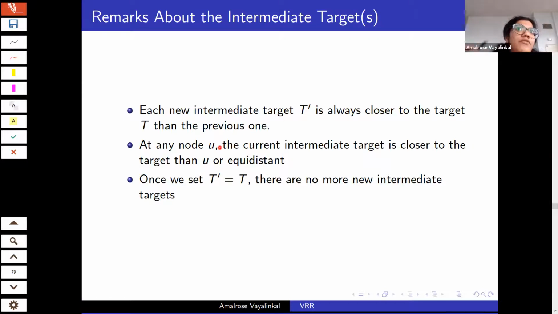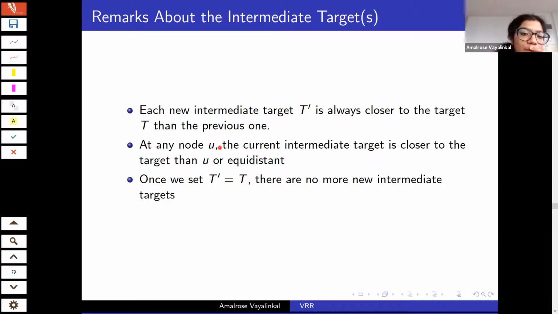And so when V performs the comparison, if it was the case that U is actually closer to the target than T prime, then we would rewrite and change the intermediate target to being U, because U is closer than the current intermediate target, right? So when we get to U, it's like, oh, we just reached the new intermediate target, and so now we just set a new one, right?